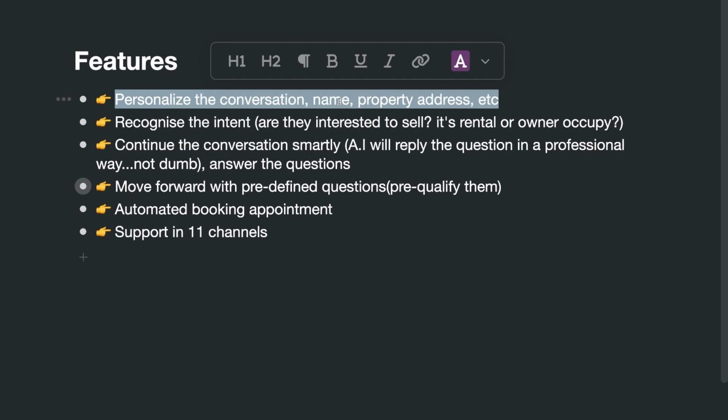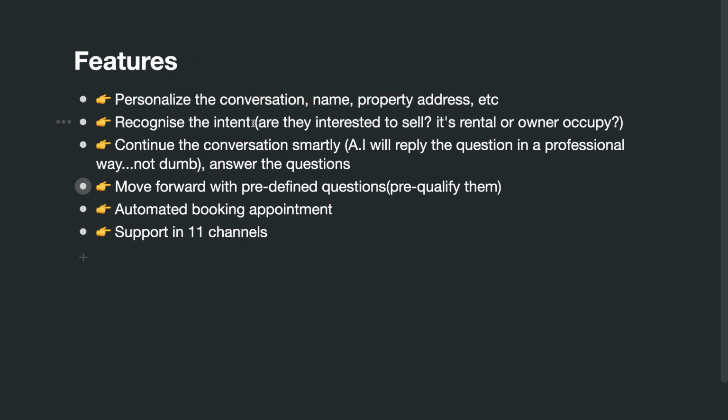The second, and this is the beauty of this demo, is that you can recognize the user's intent. For every reply, we can use the AI to determine, for example, whether the user is interested in selling or not.